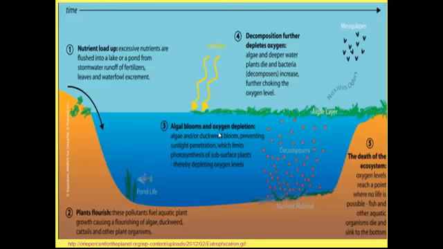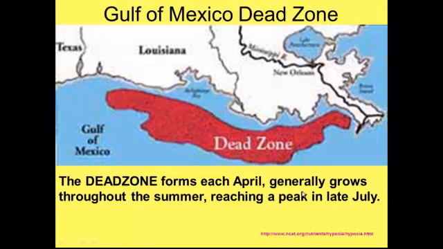If there's no oxygen down there, we don't have animals or plants, because there's no oxygen to do respiration, which causes the death of those organisms below. So think about if we dump all of that fertilizer and those chemicals into our Gulf. Same thing, only on a huge scale.